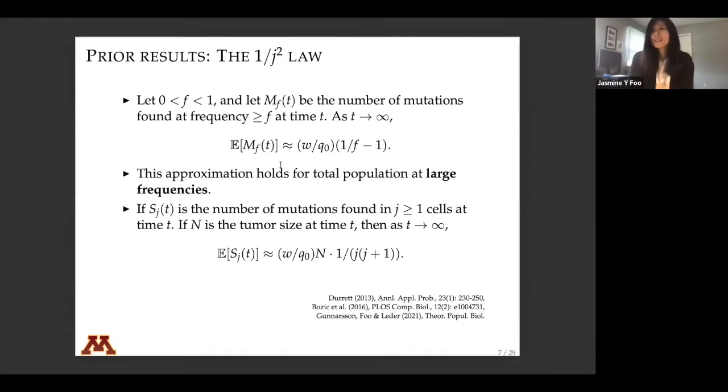What we'll see later is that this approximation only holds at the large frequency end of the site frequency spectrum, so mutations that show up in a large number of cells.